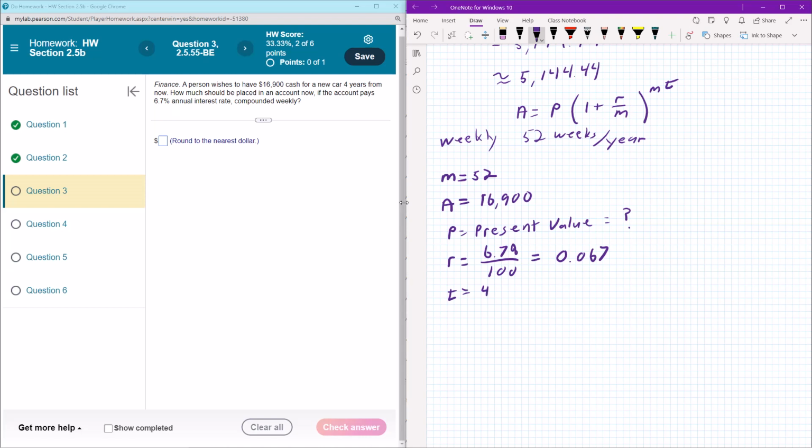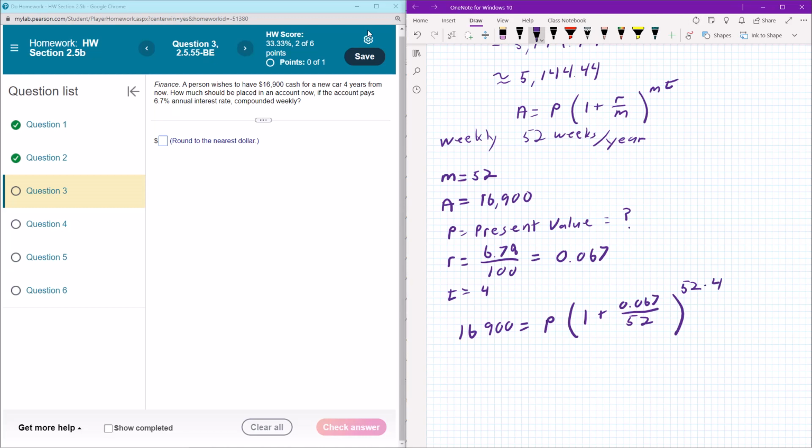Okay, putting all the numbers in, we have that 16,900 is equal to P times 1 plus 0.067 divided by 52 raised to the 52 times 4 power.